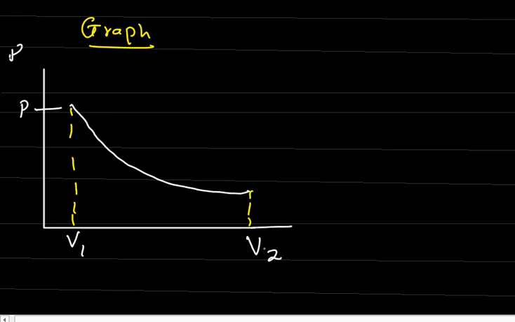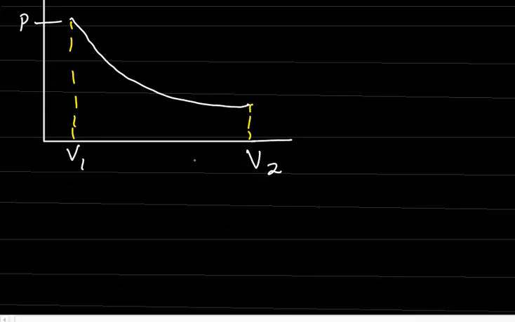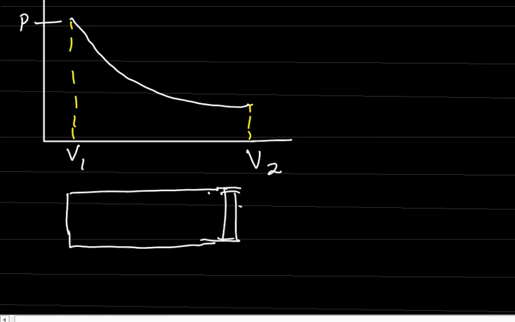Now let's say this is the piston, and this is the piston cylinder. At this point you take the differential volume dV.